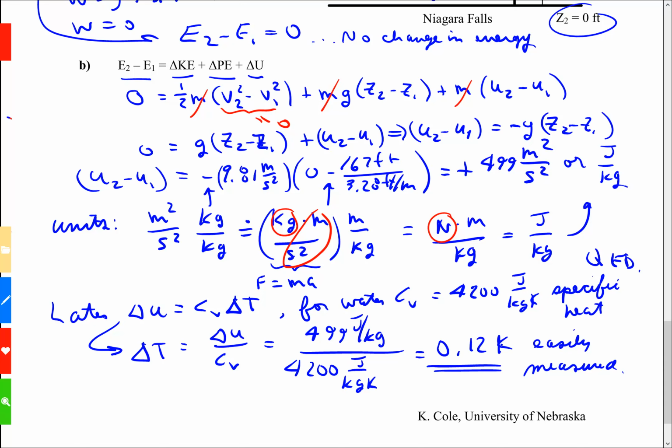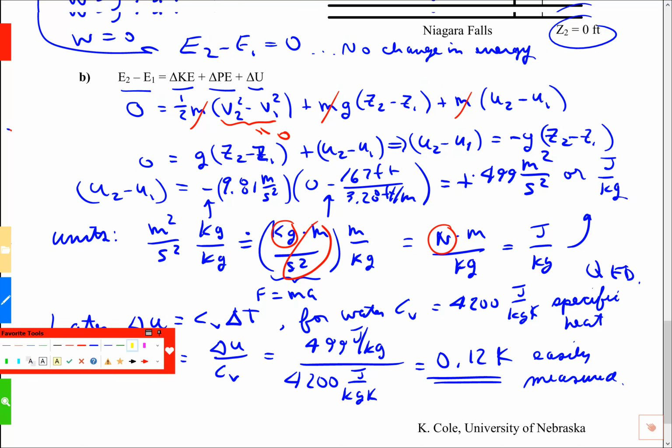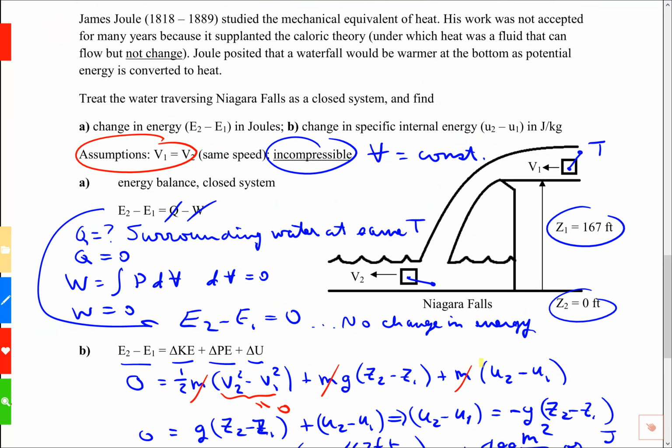All right, let's do a recap. We're looking for a closed system energy balance of this falling fluid here. And that takes the form of a change in energy is heat minus work.